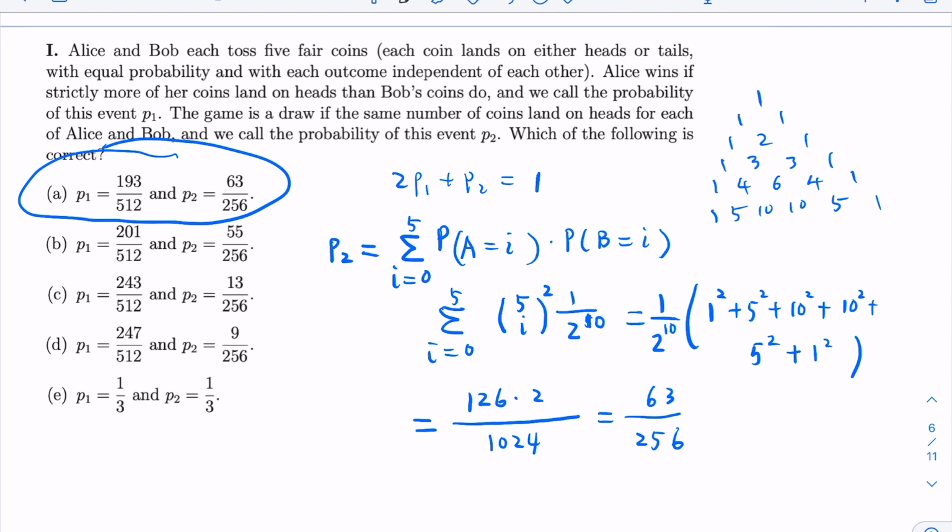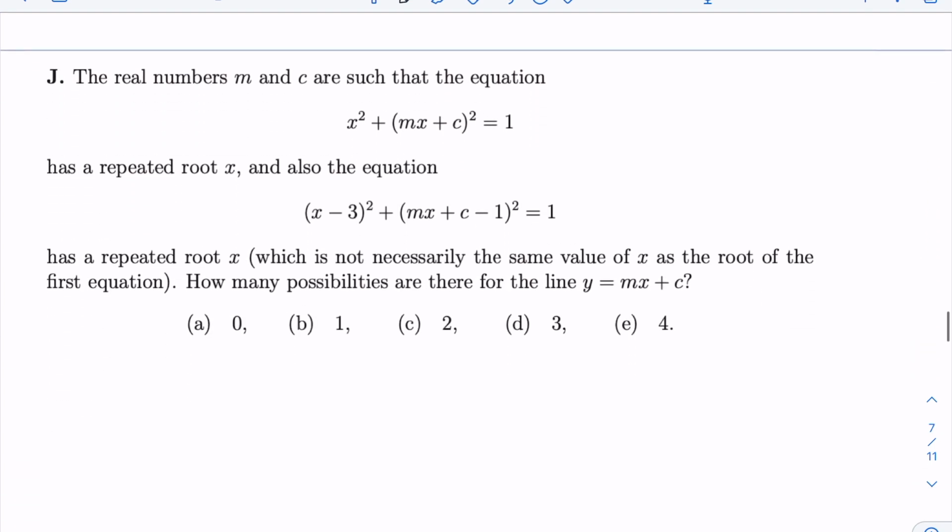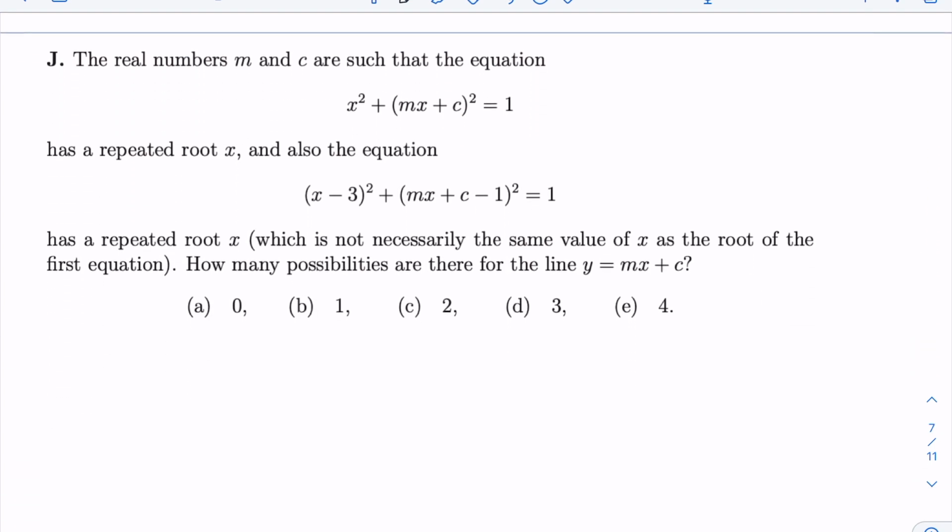That's problem 9, the final problem in question 1. Here we say that for the real numbers m and c, this equation has a repeated root, and also the other equation has a repeated root.